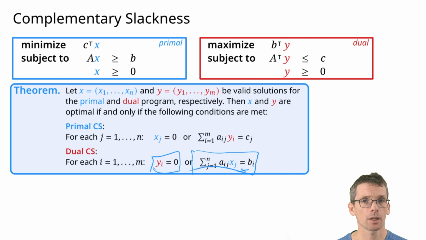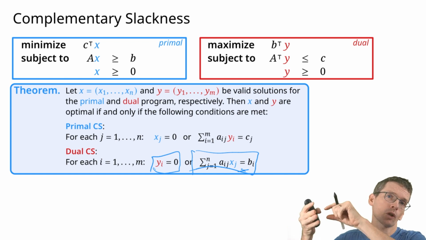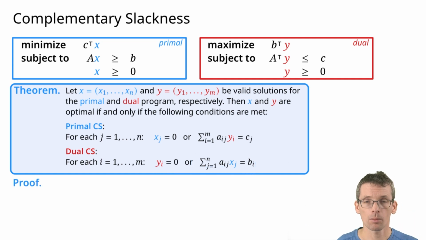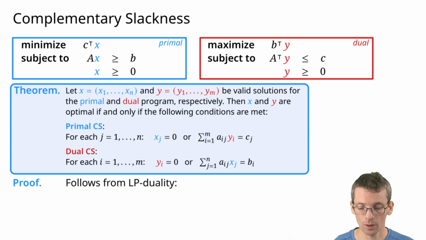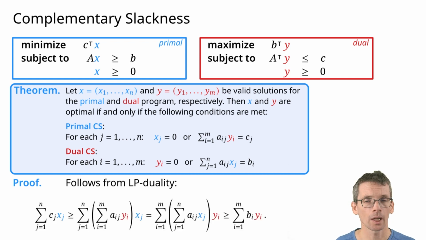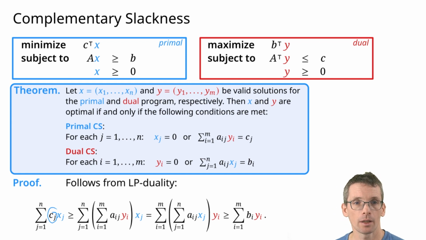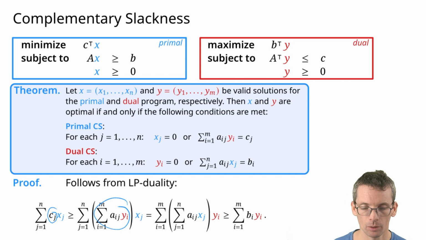And this follows essentially by using the inequalities that we just used, plus the strong duality. So we had these inequalities, and now let's have a look at these factors here. So we have x, c, j here, and the sum, so the a times a transpose y there.